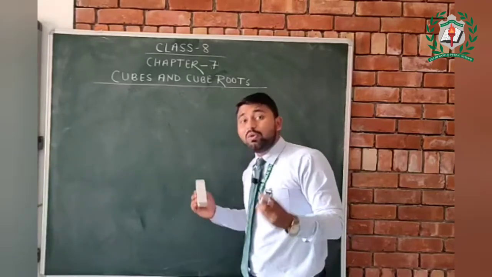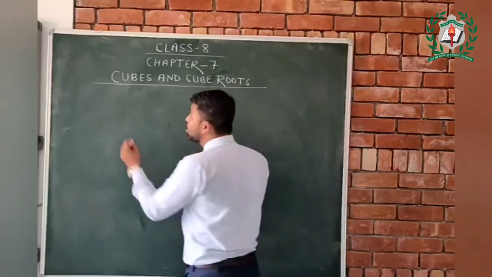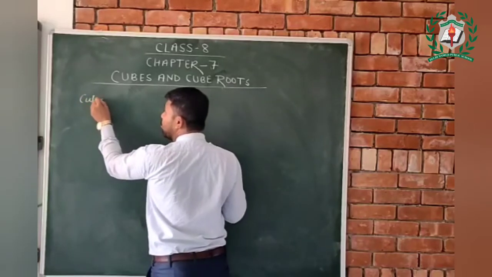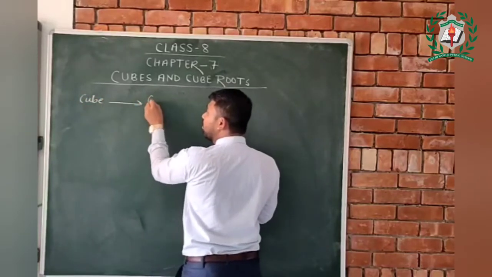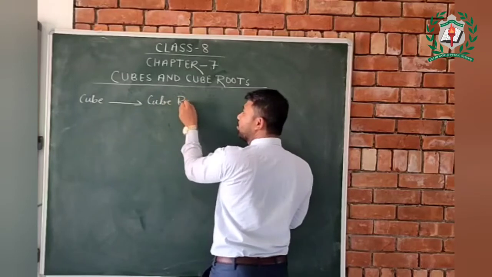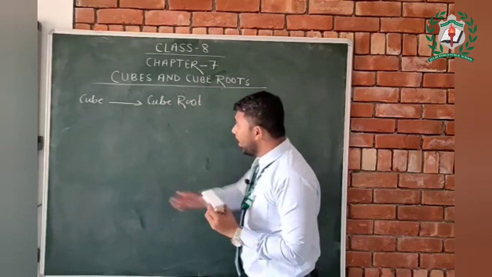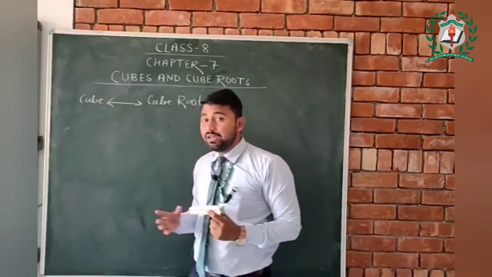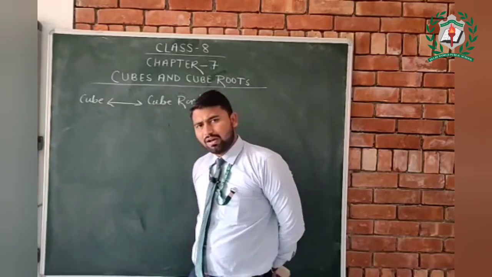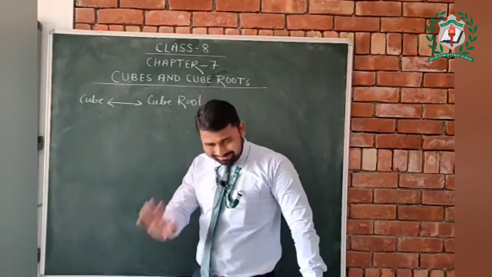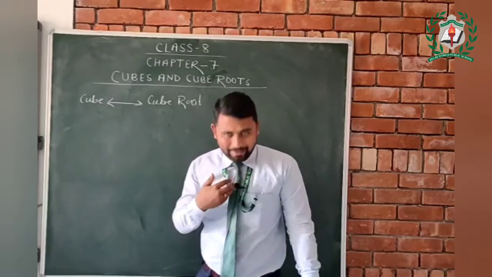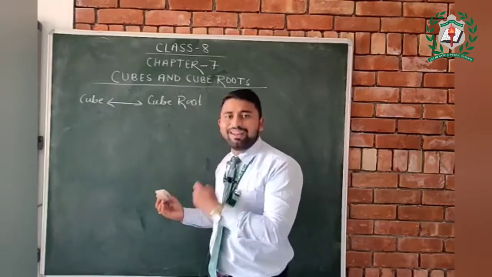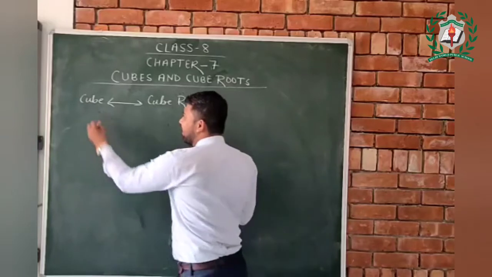Today I am going to tell you that cube and cube root are completely related to each other. Why? Some students ask, "Sir, how is it possible?" Wait, I am telling you how it is possible.